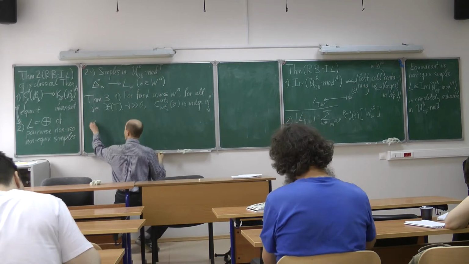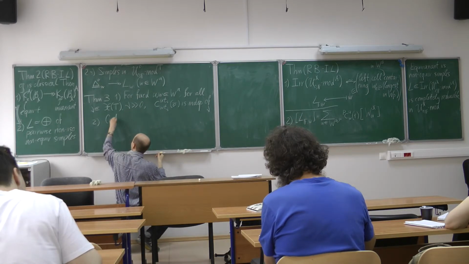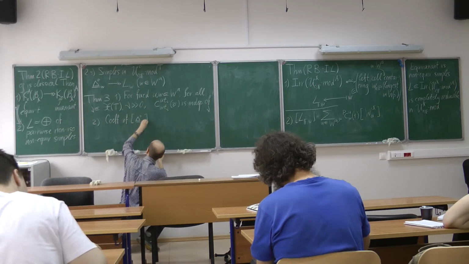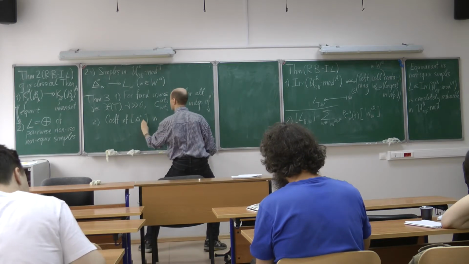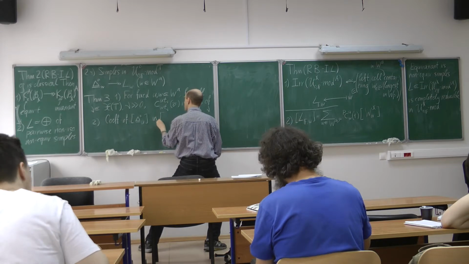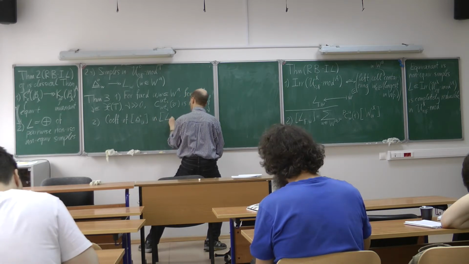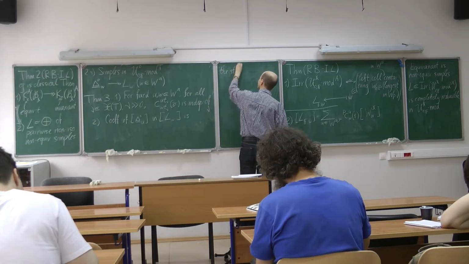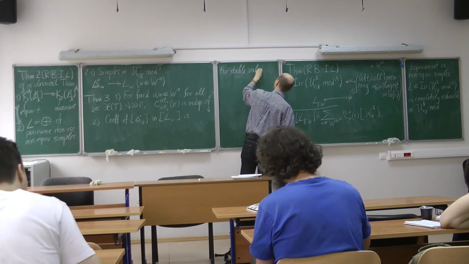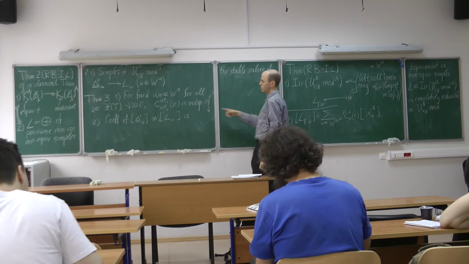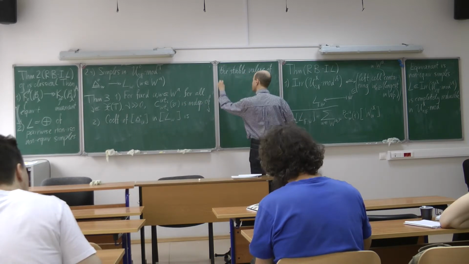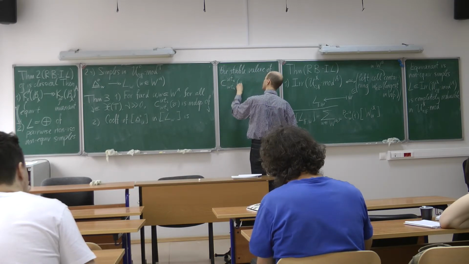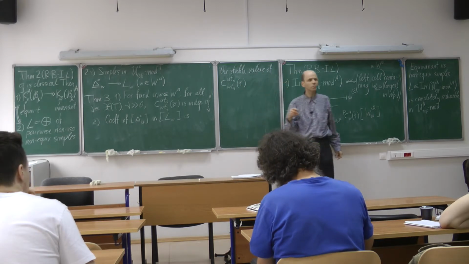And then part 2 is that the coefficient of the class of Δ_0(W) in the class of L_W is the stable value of this Kazhdan-Lusztig polynomial evaluated at 1. Okay?